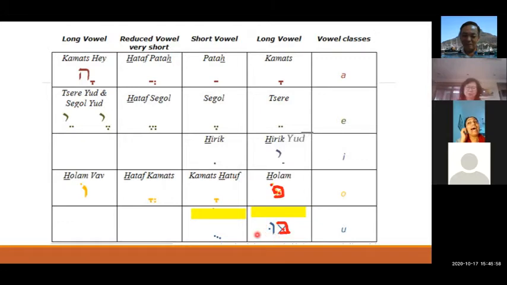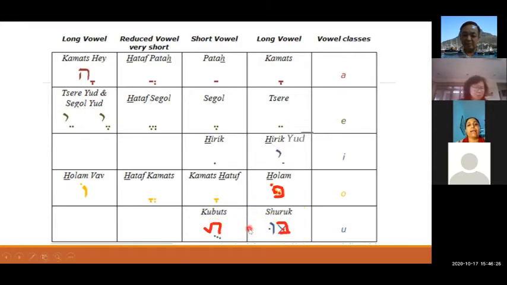Always remember the Shuruk vowel is written with the vav and the dot in the middle, in its bosom. That is your Shuruk vowel, and that is the long U vowel. And then you have the short U vowel, which is called the Kibbutz.